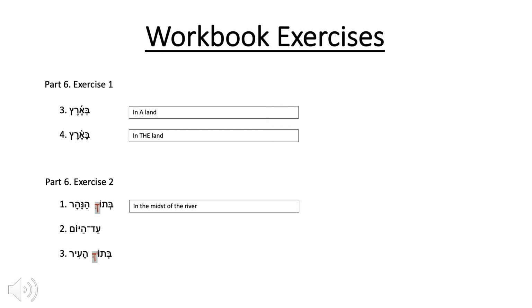You'll notice, though, that it's in the midst of, not in a midst of. We'll explain why in a later lesson, but basically if you have a preposition that's followed by the word it's modifying with a definite article, it also will have the definite article. So this is not a midst, this is the midst, in the midst of the river.